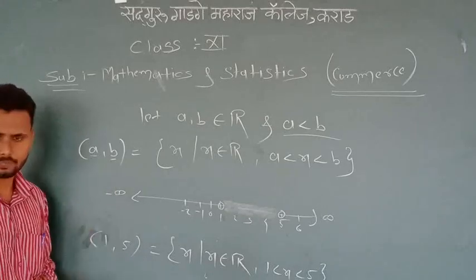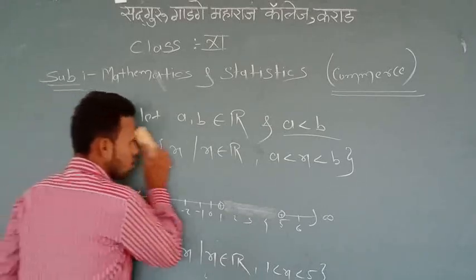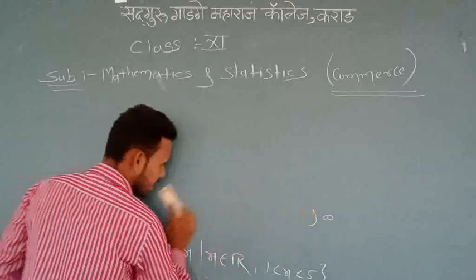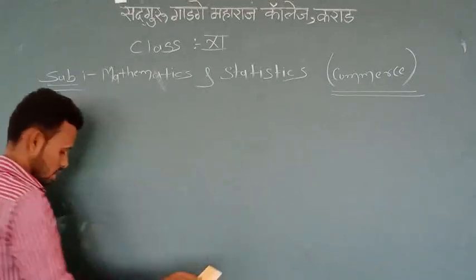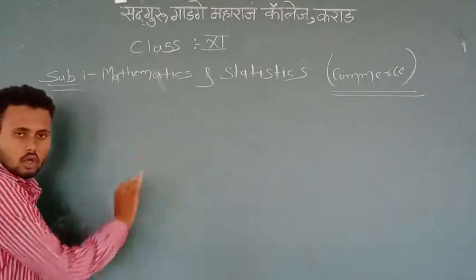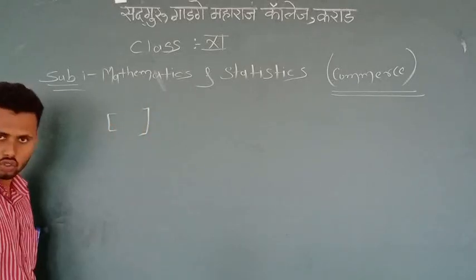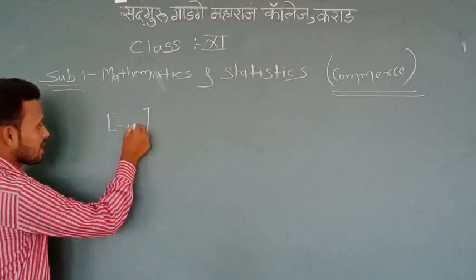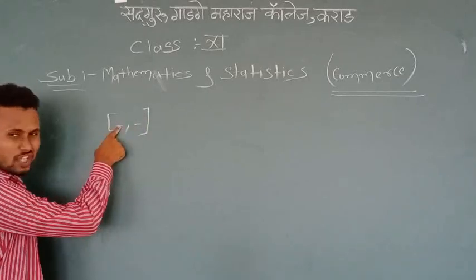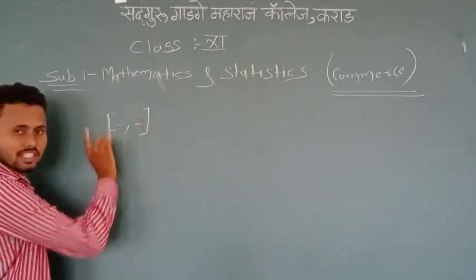Simple. Open interval. Now take the next, the closed interval. What is the closed interval notation? Here the first component, comma, then the second component. The first component is always less than the second component.